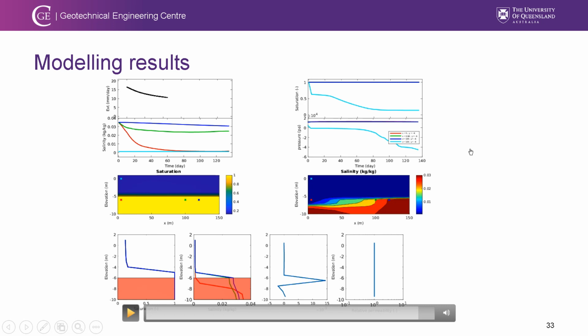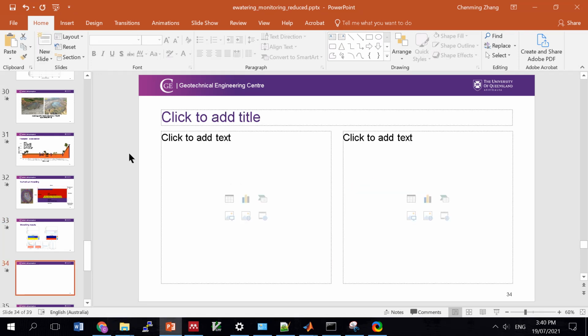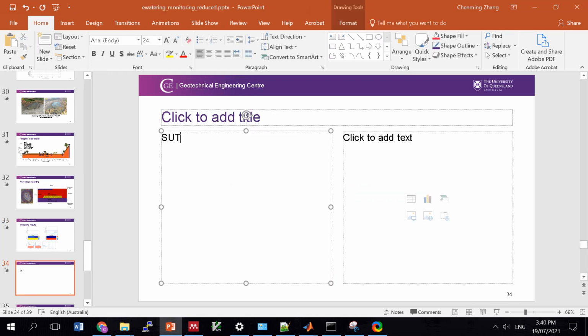Now, we are going to simulate the whole process using a suite of tools. The tools that we are going to use are SUTRASET. SUTRASET is basically based on USGS SUTRA with extra functions to implement evaporation, seawater inundation, and tide.